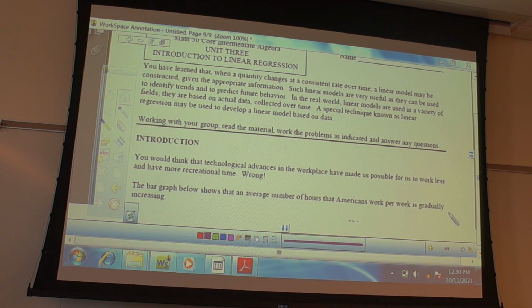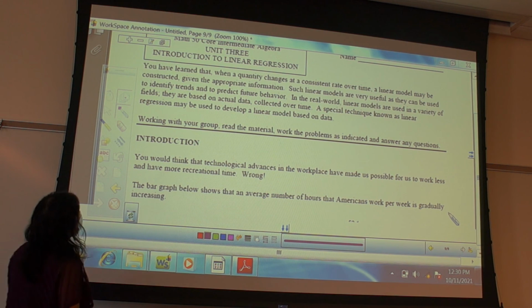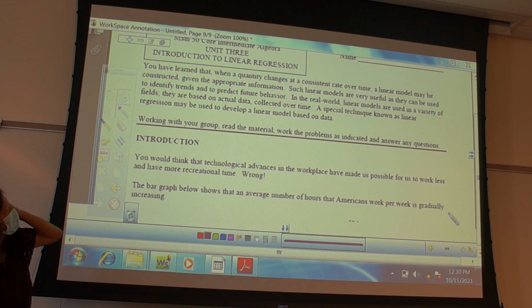You have learned that when a quantity changes at a consistent rate over time, a linear model may be constructed given the appropriate information. Such linear models are very useful as they can be used to identify trends and to predict future behavior. In the real world, linear models are used in a variety of fields. They are based on actual data collected over time. A special technique known as linear regression may be used to develop a linear model based on data.